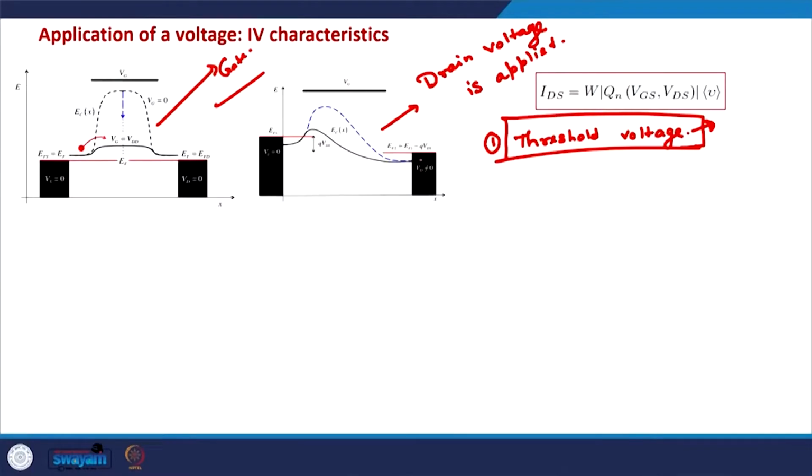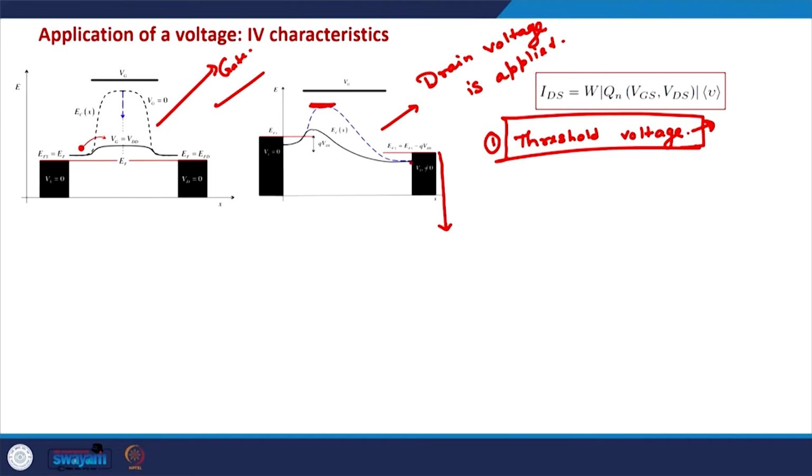and this is one of the main parameters in MOSFET theory. We also saw that if we apply a drain voltage, it generally does not change the barrier height. What it does is bring down the energy bands on the drain side, which creates a longer slope from the top of the barrier to the drain side.